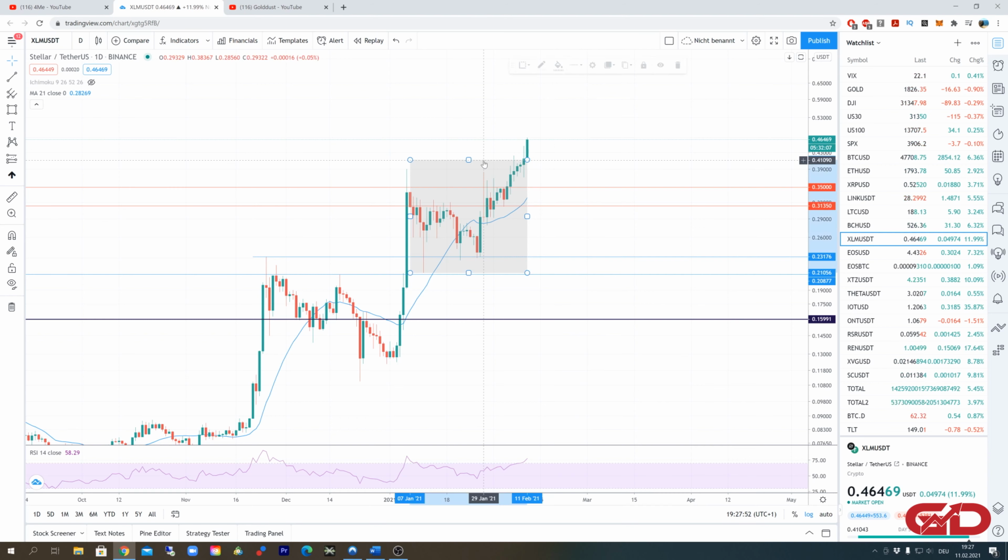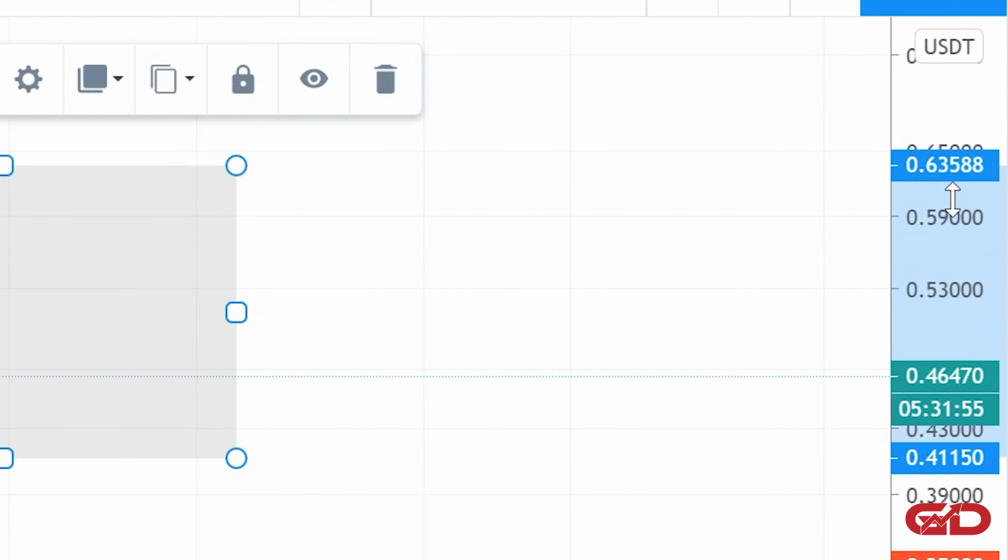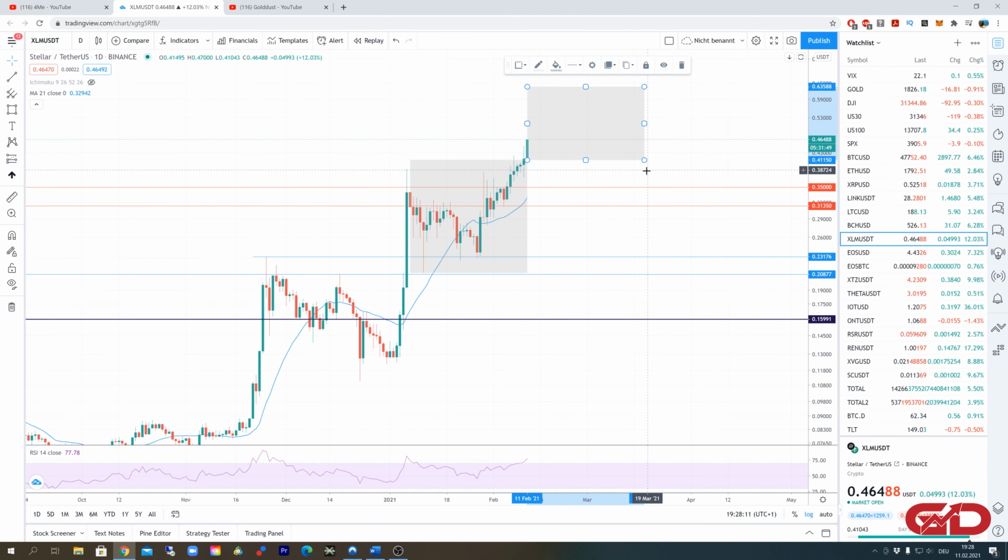The next price target in Stellar would be right here at 63.588 cents, and in a time window, very likely we would reach that till the 18th of March, so in a little bit more than 1 month.